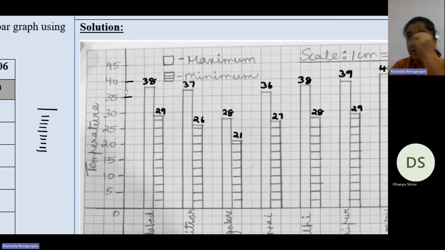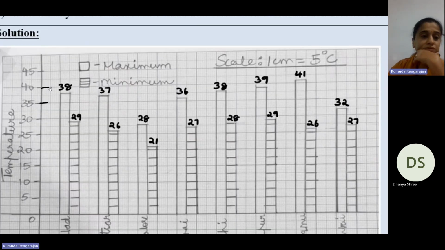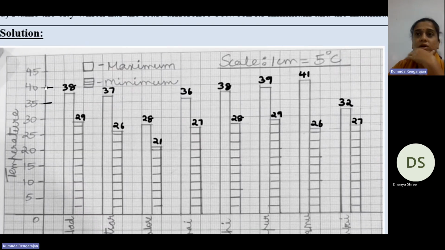Below 40 is 39.5, and below 39.5 is 39. And 41? That's 40. The line after 40 is not 41. After 40 is 40.5, and above 40.5 is 41.